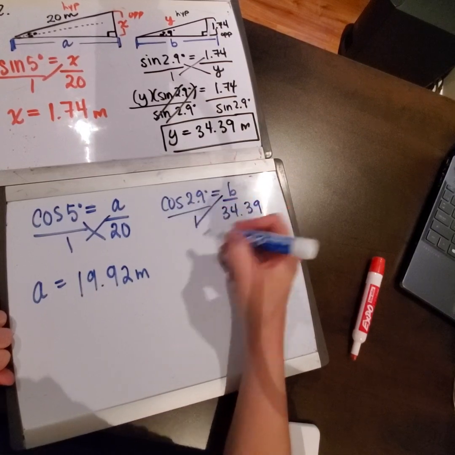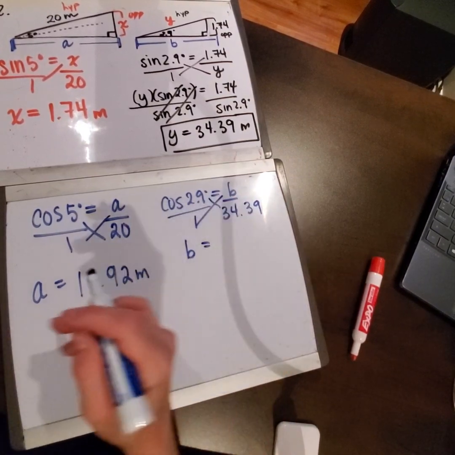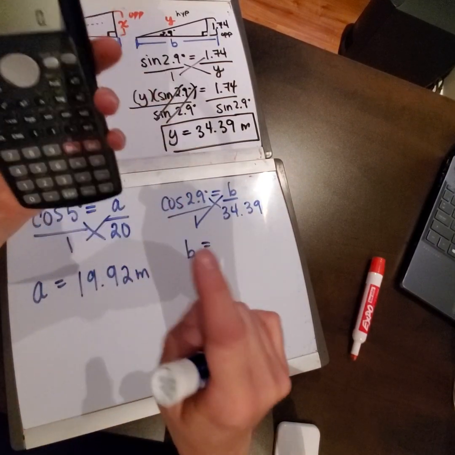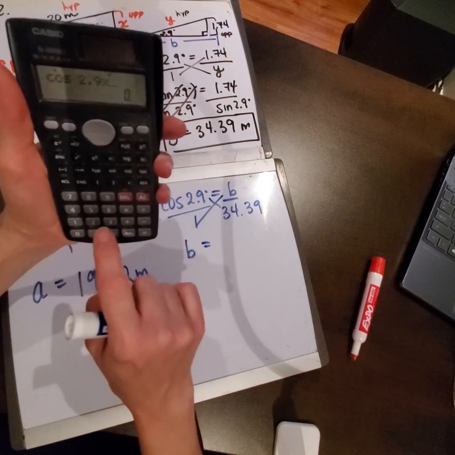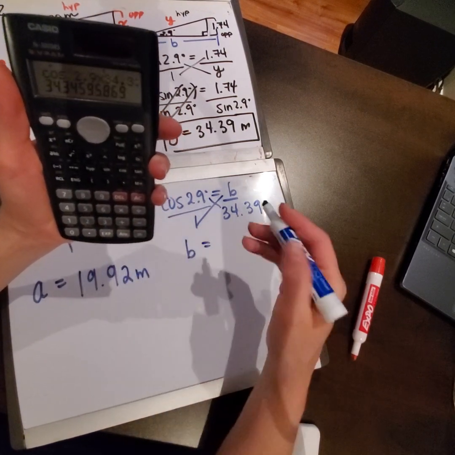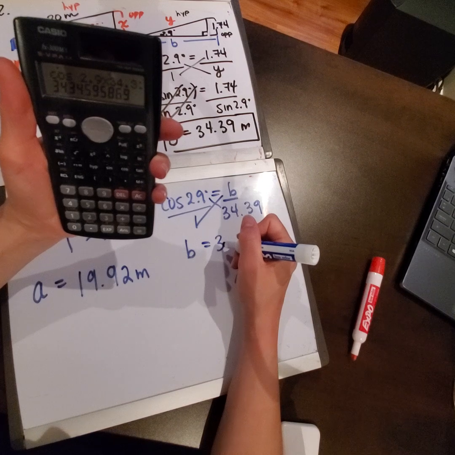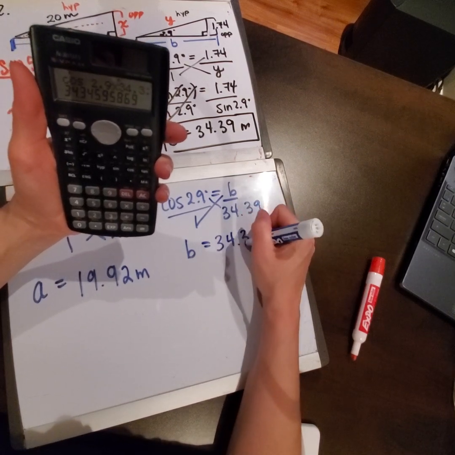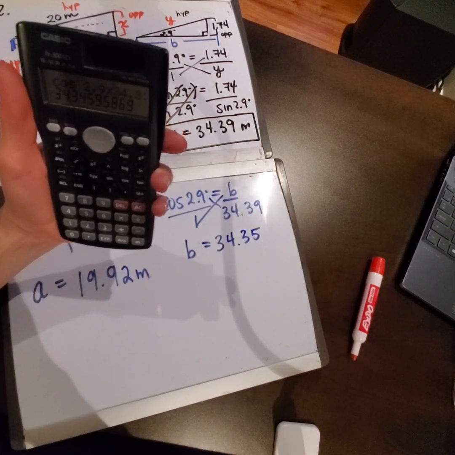Cross multiply again, so b times 1 is b. The cosine of 2.9 times 34.39 is 34.35, okay?